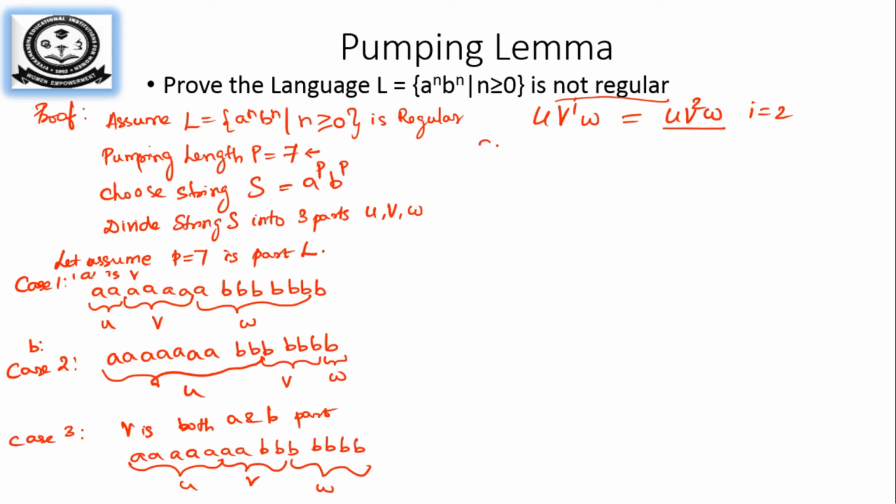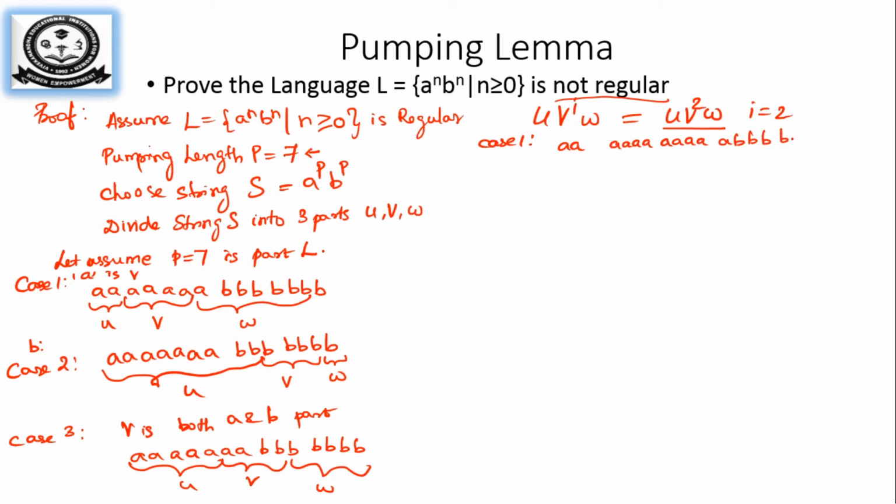So we'll start with case 1. U once, so you will have A alone because U has A. Then V is 4 A's, which has to be repeated twice. Then W, I have A B, then you have 7 B's.